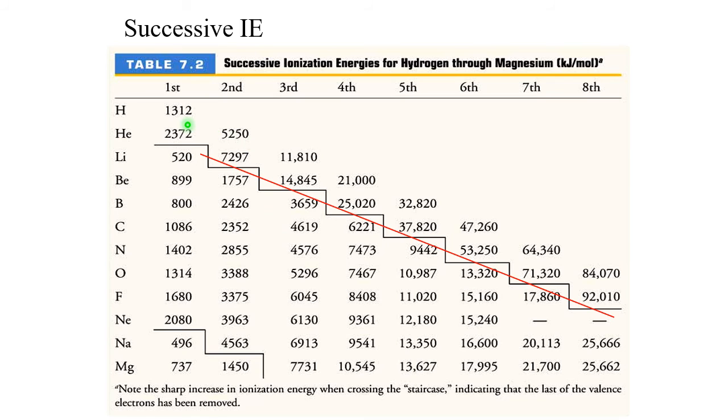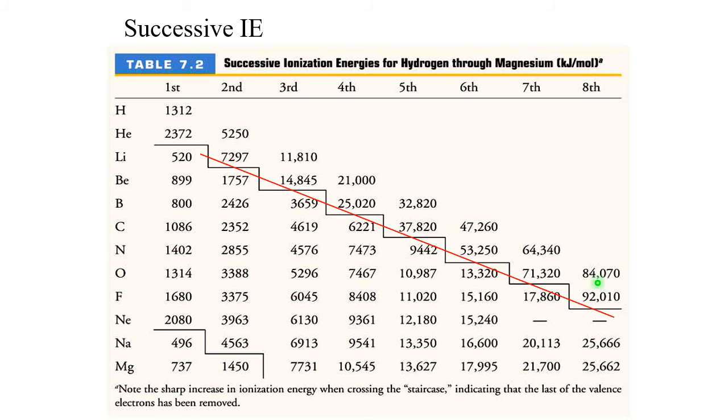Let's look at numbers. The only ionization energy for hydrogen is 1300. For helium, it's almost 2400, and the second is above 5000. For lithium, again, we are dropping down to 500, but the second, to remove an electron from the 1s level, takes enormous energy.